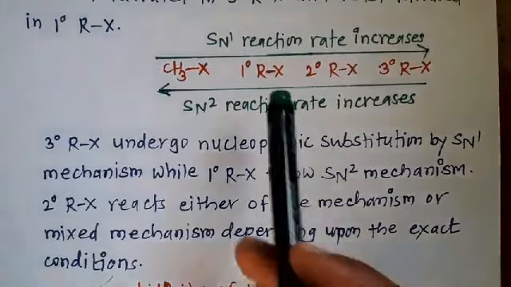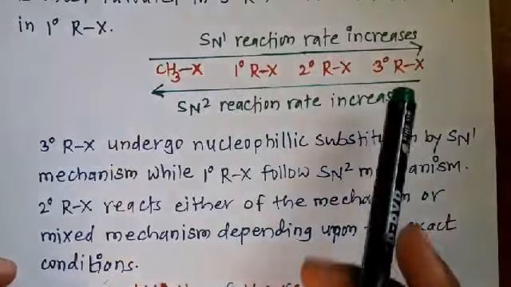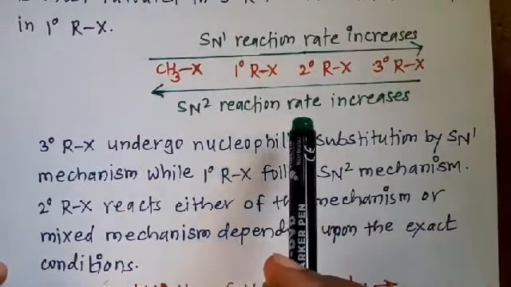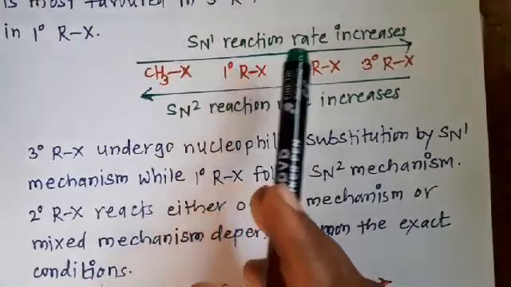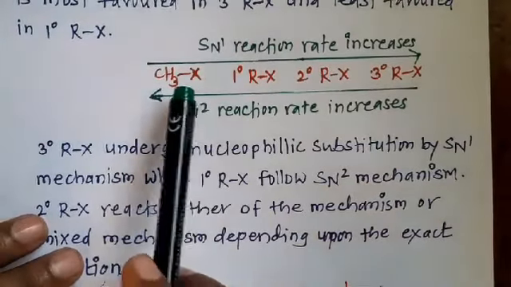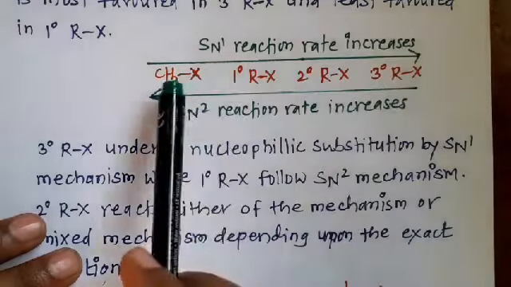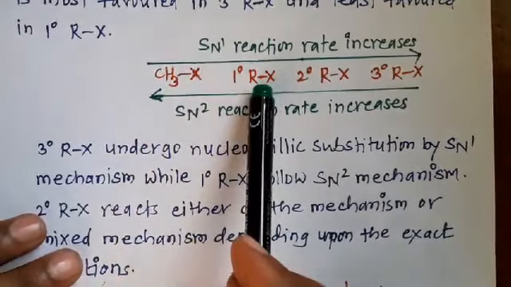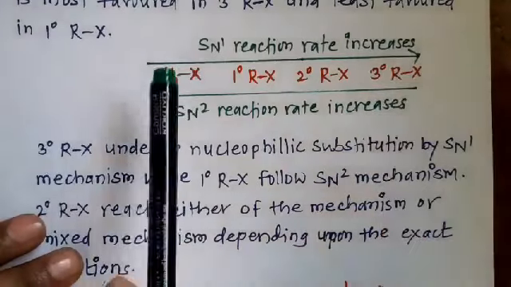Now, this flow sheet tells us about the rate of reaction of the SN1 and SN2 reaction mechanisms. Here, these are the alkyl halides: methyl halide, primary alkyl halide, secondary alkyl halide, and tertiary alkyl halide.